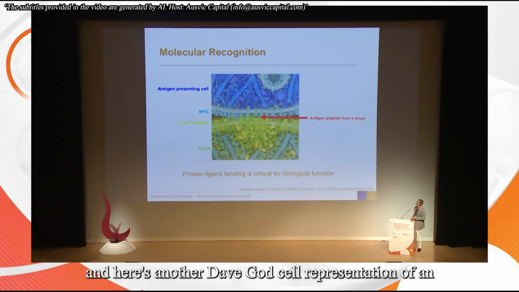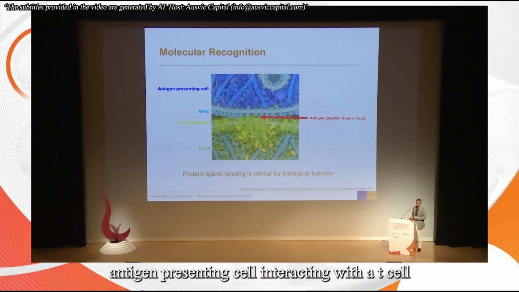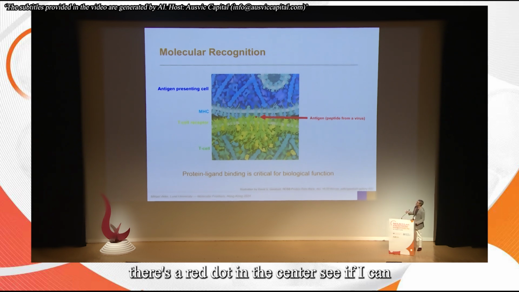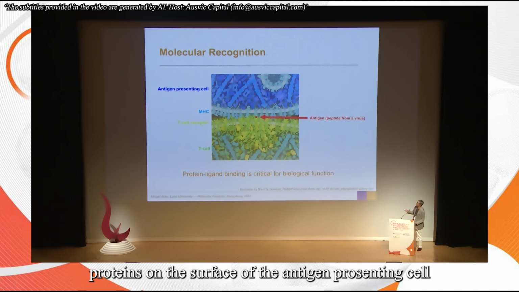And here's another Goodsell representation of an antigen-presenting cell interacting with a T cell. There's a red dot in the center. This is a small peptide from a virus that is bound to the MHC proteins on the surface of the antigen-presenting cell.